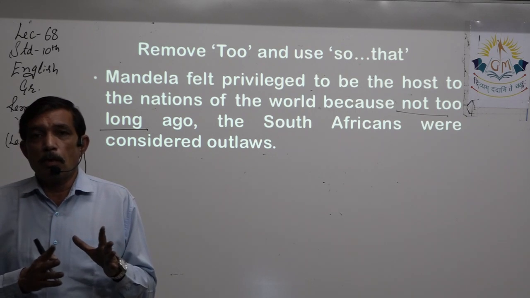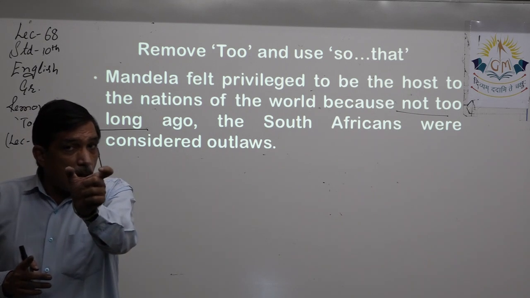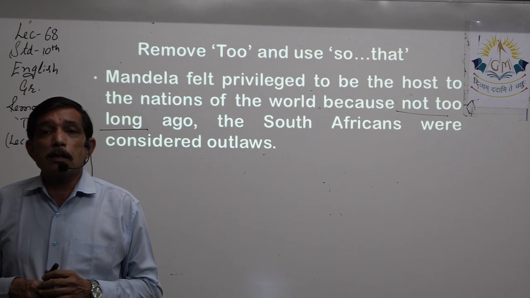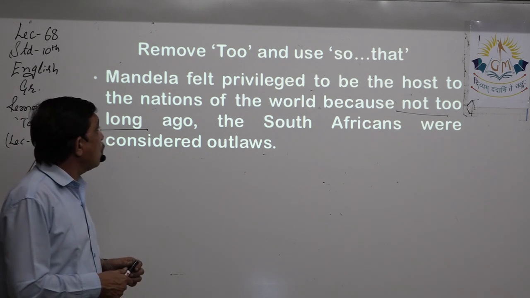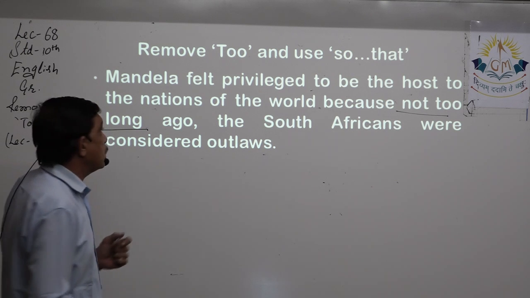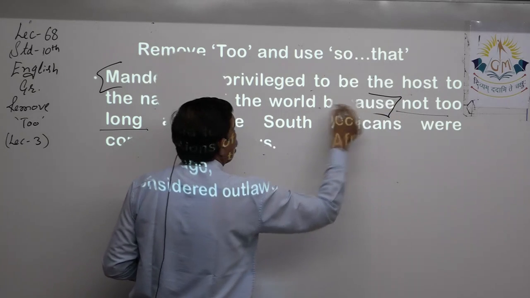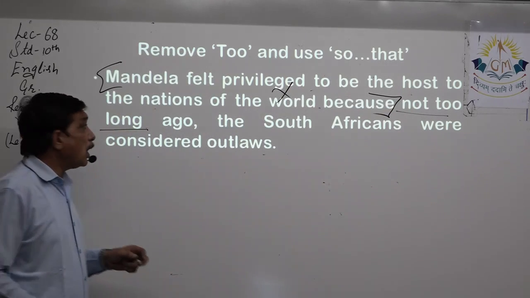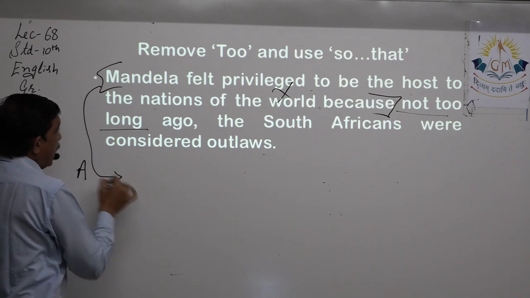But don't get worried about it. Yes, see, unnecessary parts you don't think over that much. See, catch only the part that is necessary for you to do the transformation. Mandela felt privileged to be the host of the nations of the world because, up to there we don't have to do anything.